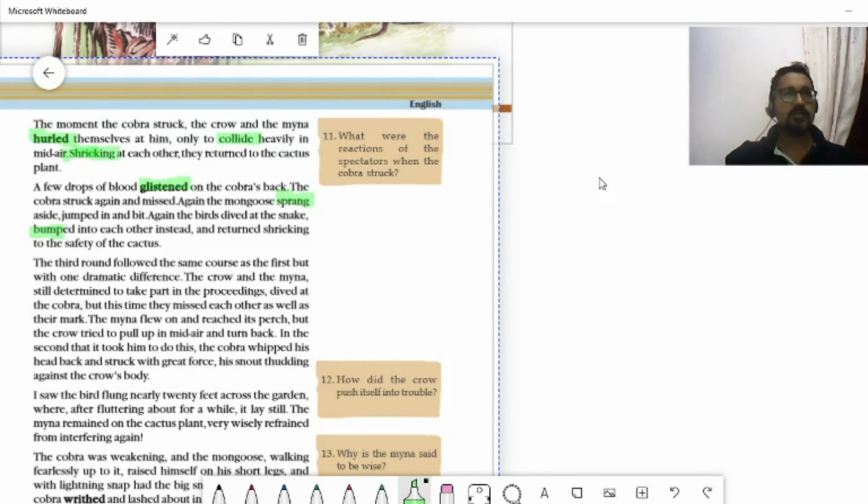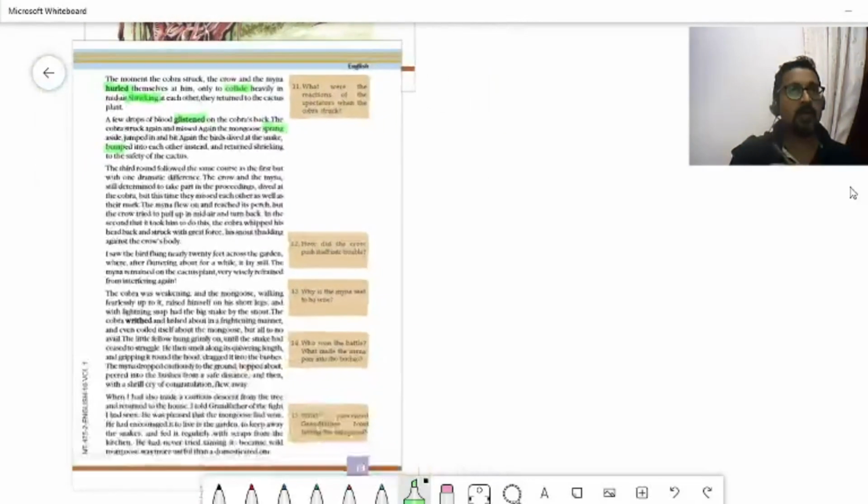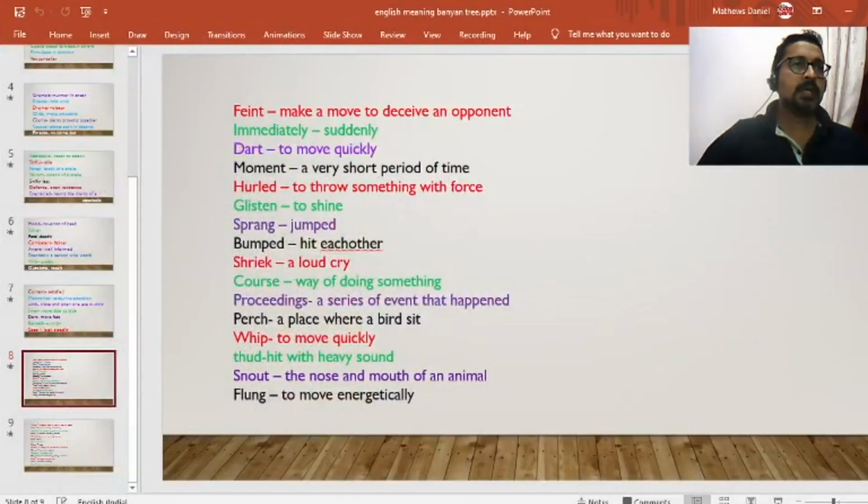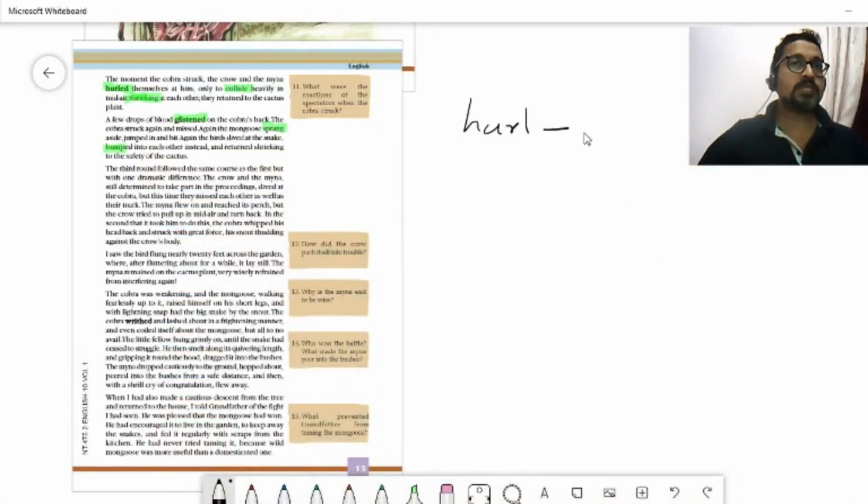Hurl. What is the meaning there? I gave you the Malayalam meaning, the English meaning. Hurl, to throw something with force. ചുഴറ്റി എറിയുക. ഇവിടെ എന്താണ്?